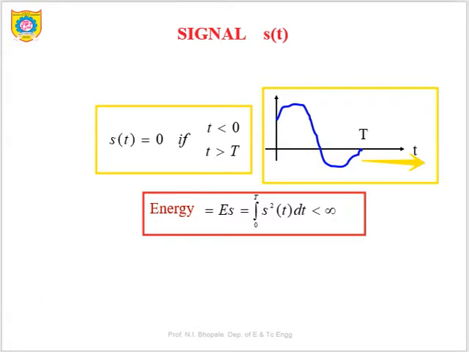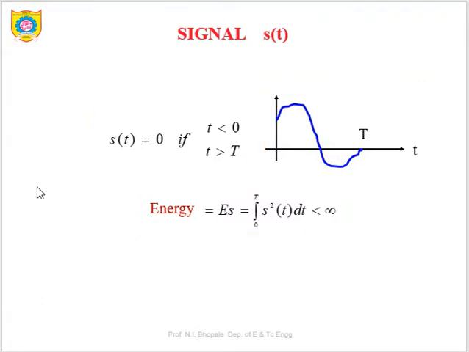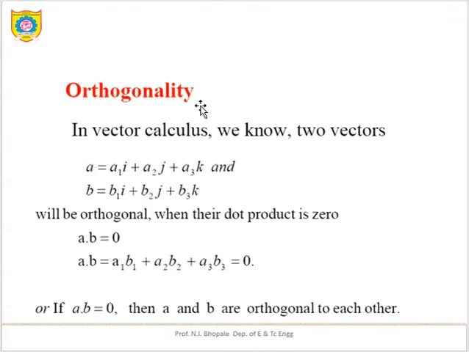Now let's look at what orthogonality is. To study orthogonality, this slide is based on the vector concept. If a signal is considered as a vector, what will be the impact?